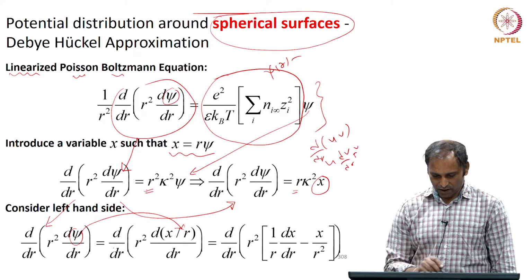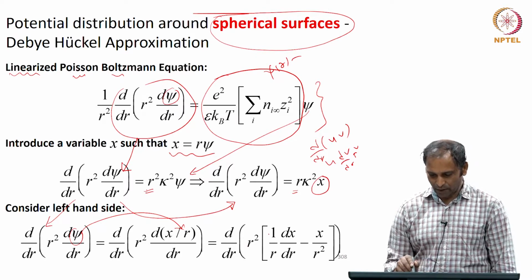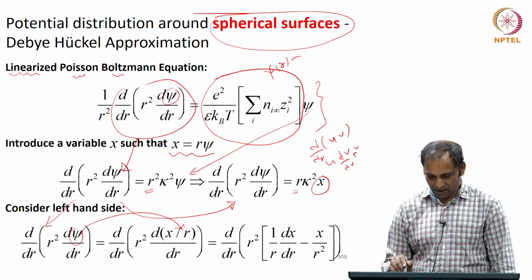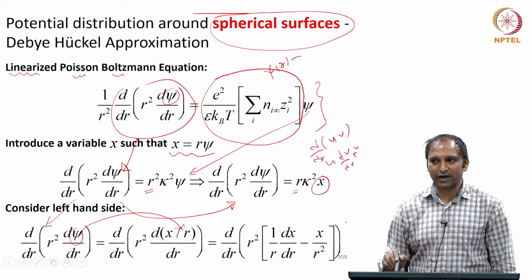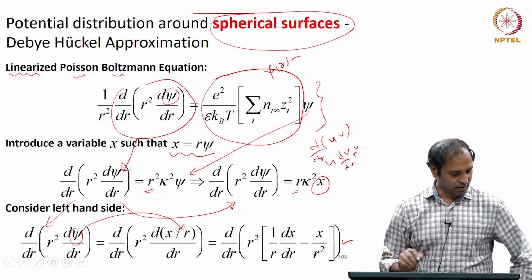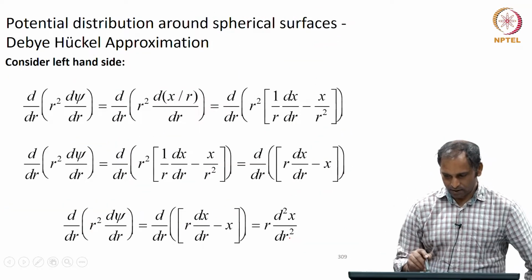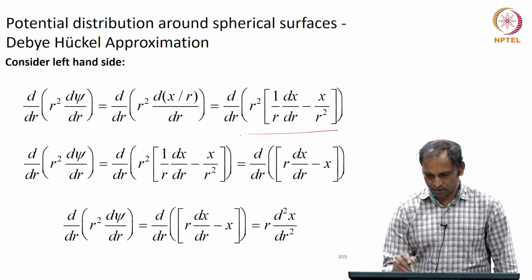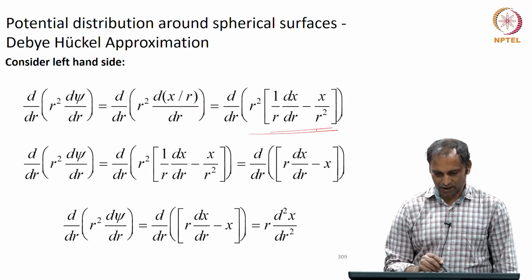Therefore, this becomes d by dr of r square into 1 over r into dx by dr minus x into 1 over r square. Therefore, you get the right hand side. That is what is written here. This is what we essentially obtained.